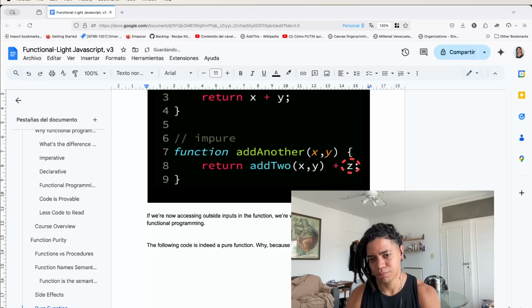Because despite that the snippet in the add another function is calling a variable outside of the function definition.